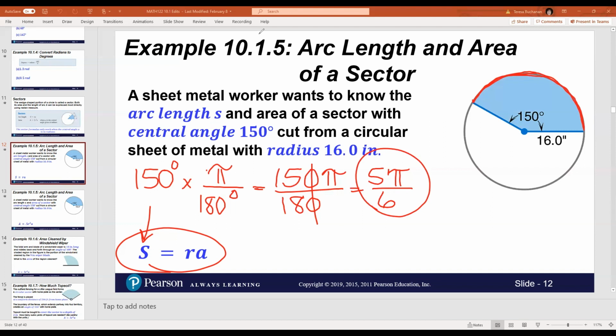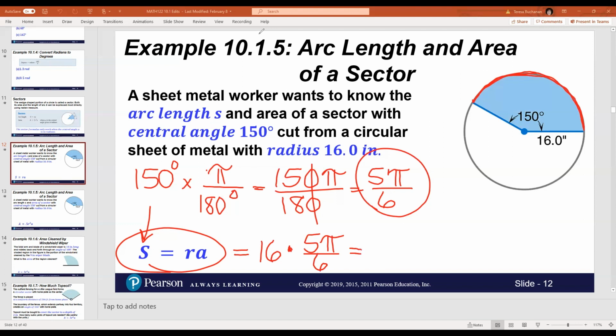We're not really needing to do that right yet. We can work with it as it is. So my R value in this little story, the radius there, is 16. And my central angle, the 150 degrees in radians, is 5 pi over 6.